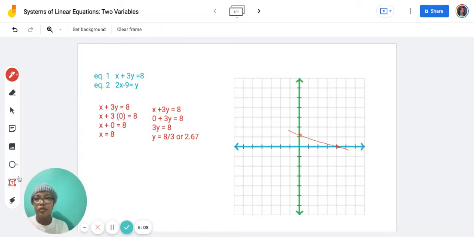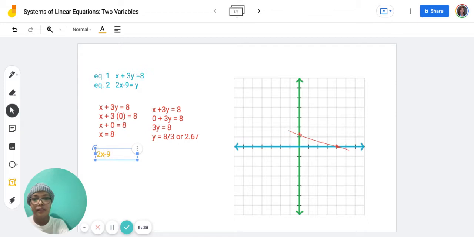So let's try to solve the second equation. Our second equation is 2x minus 9 is equal to y.